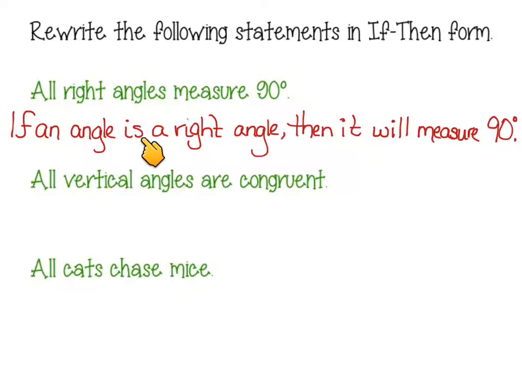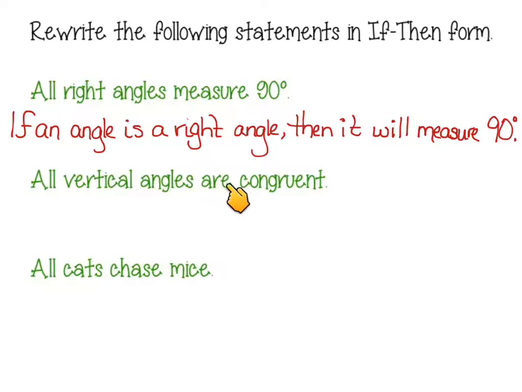If an angle is a right angle, then it will measure 90 degrees. So again, I did have to add some words to this just to make it sound correct. I couldn't just say all right angles then measure 90 degrees. That wouldn't sound right.